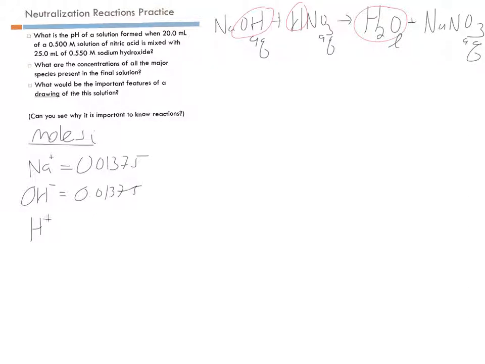The hydrogen from the nitric acid will be 0.01, and that comes from 20 milliliters of a 0.5 molar solution, and that will be the same as the nitrate, 0.01 moles.